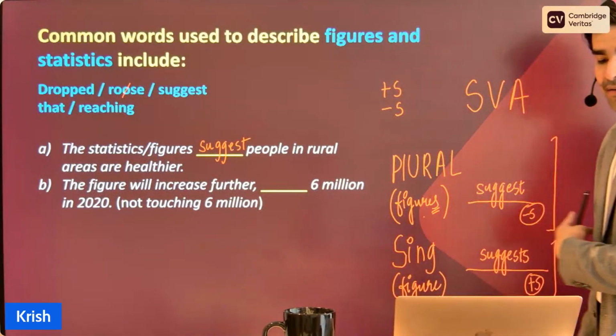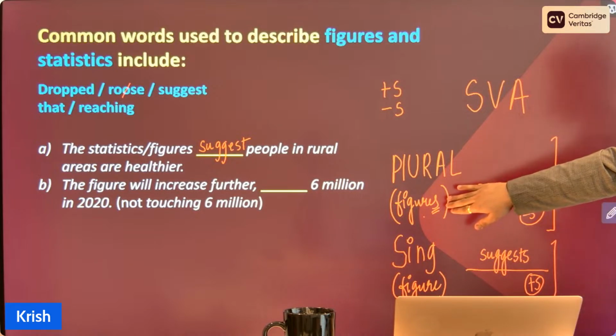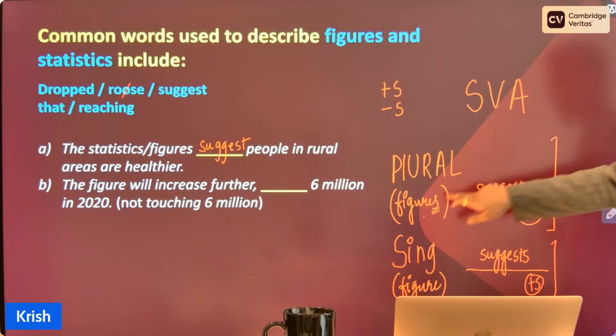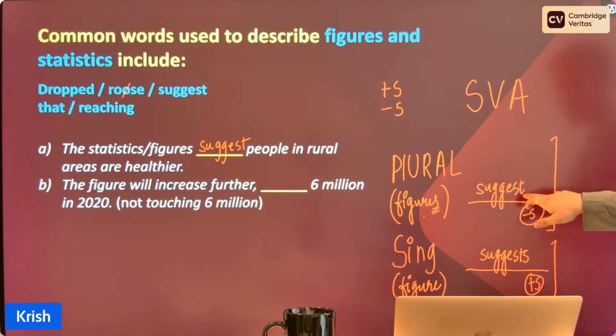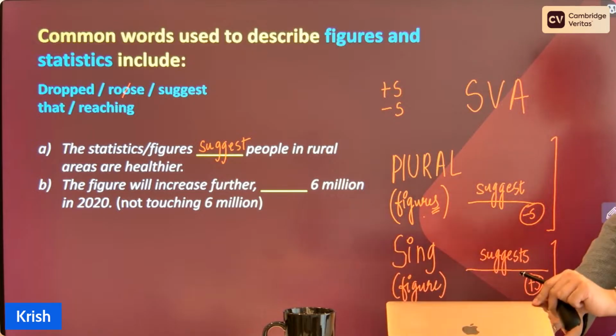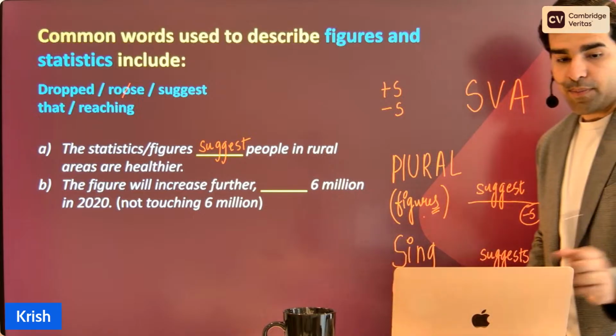By the way, if you want to take a picture of it, take a picture of it. Very important. Plural figures will take the word without s, which is suggest. Figures suggest, and singular word figure will take the word suggests with an s with it.